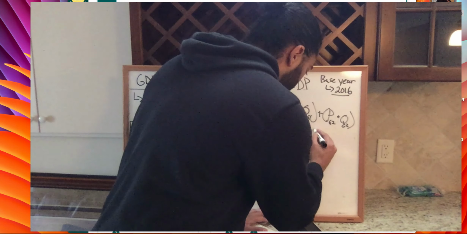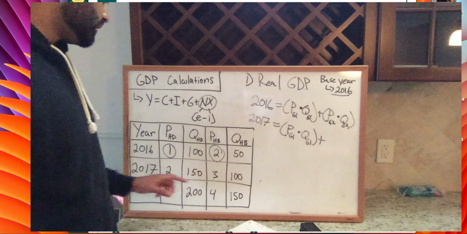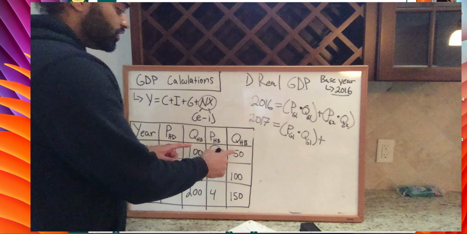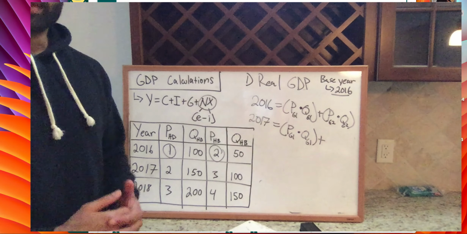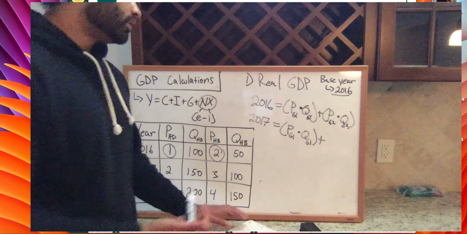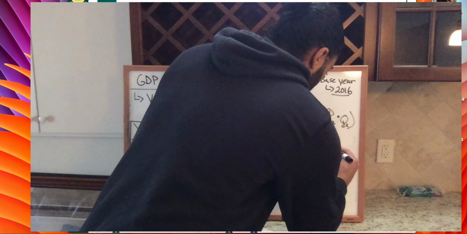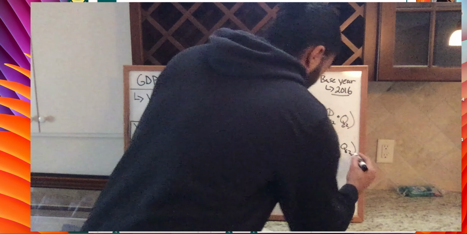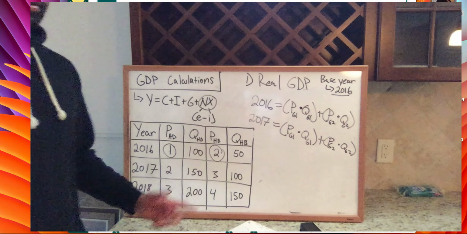Now the difference here is that we're using a new row. So we're looking at 2017. Price stays the same. When you use real GDP, the main thing you're measuring is a change in quantity. So anytime you see real GDP, associate that with the change in output. So again, we would do the same thing here. Price of good 2 multiplied by the quantity of good 2. But we're still using the same prices. So that's just the formula.